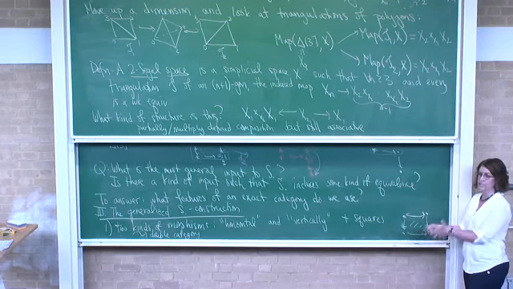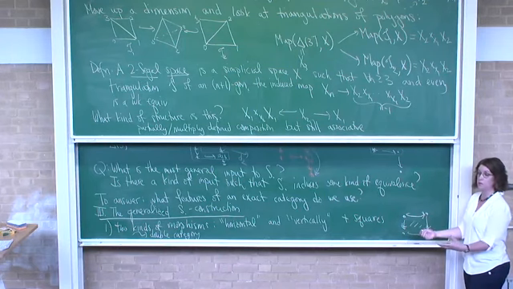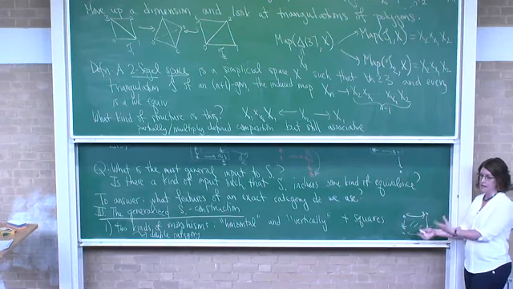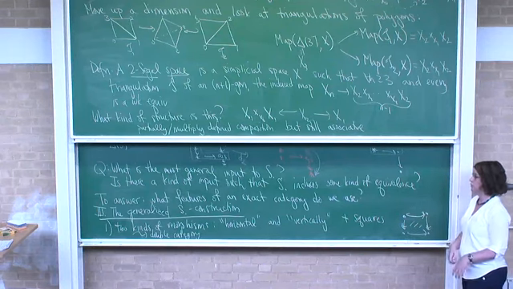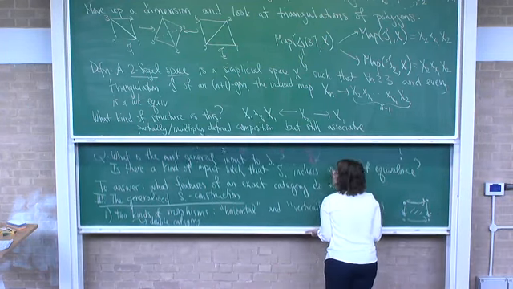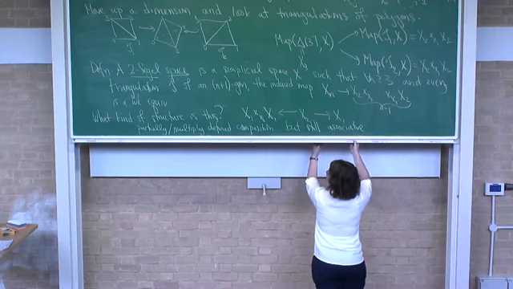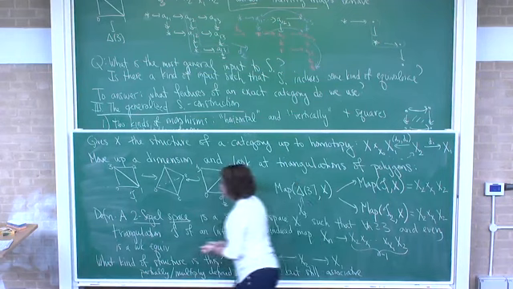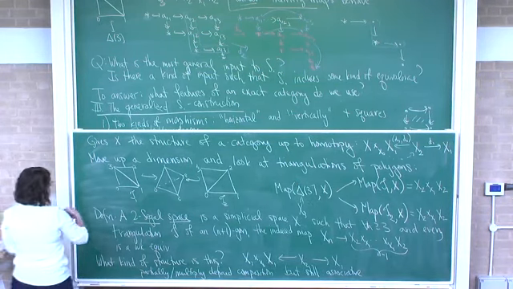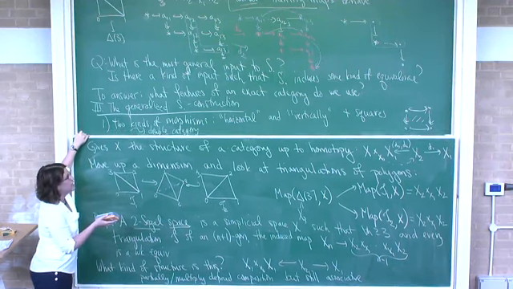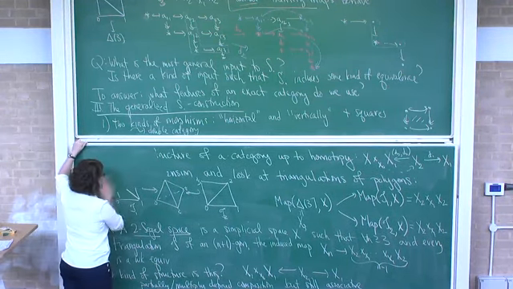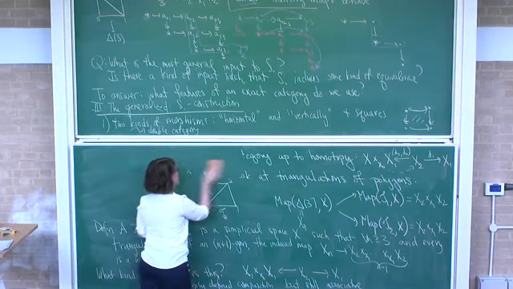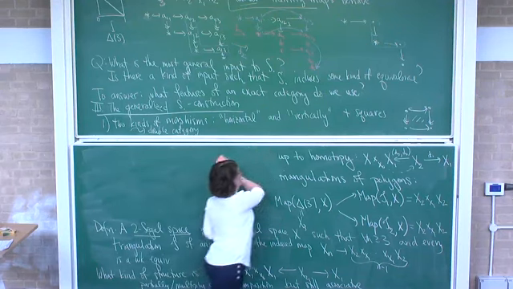There's not necessarily a common category in which they live, in which you can compose things, but you can still say, okay, I have some kind of data of allowed squares. But like with Siegel spaces and two-Siegel spaces, I don't want something as strict as an actual double category. I want something like a double category up to homotopy.